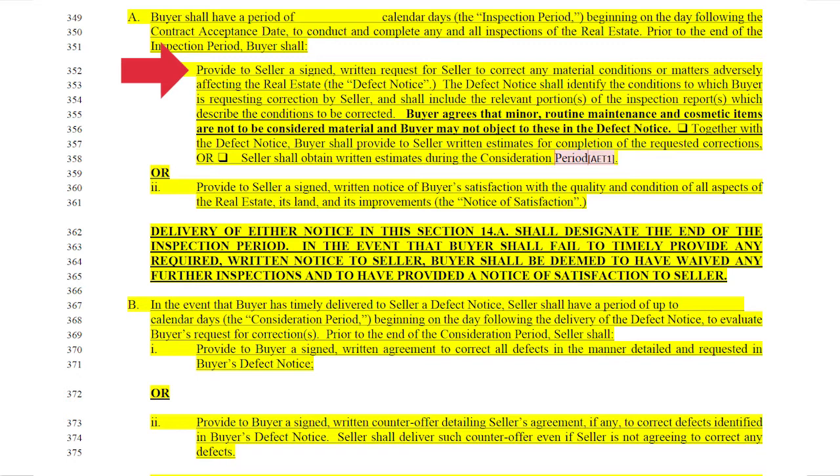And this is where it talks very clearly about what it can and can't include. So the defect notice shall identify the conditions to which buyer is requesting correction by seller, and shall include the relevant portions of the inspection report which describe the conditions to be corrected.